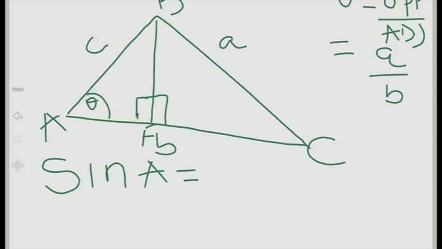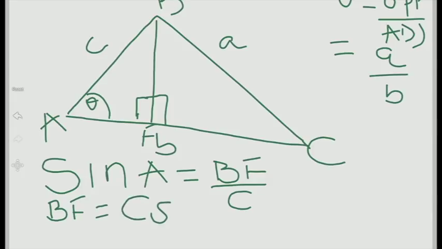Our opposite is BF, and the hypotenuse is line C. So BF over C, which means BF, which we do not know, is equal to C sine A. So we found the height, the new line we drew on this triangle.